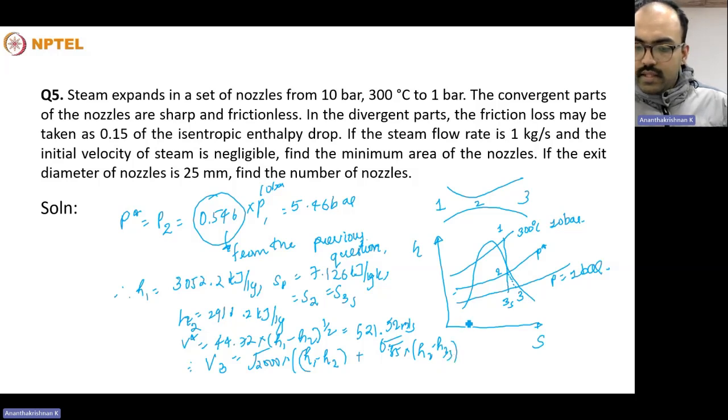So the enthalpy difference in the second section will give V3 equal to 894.79 meter per second.